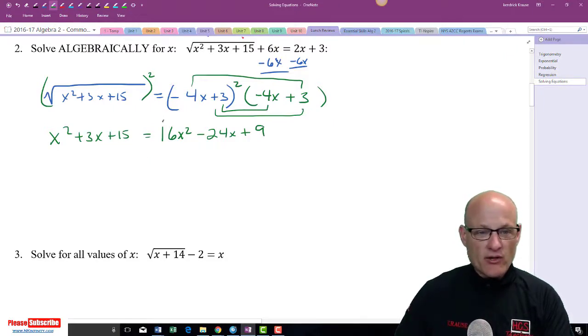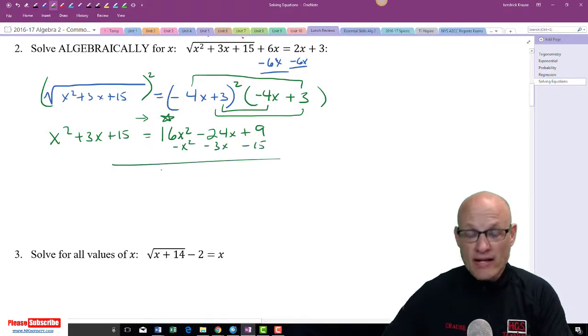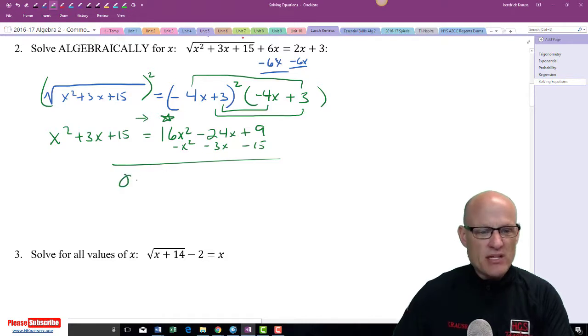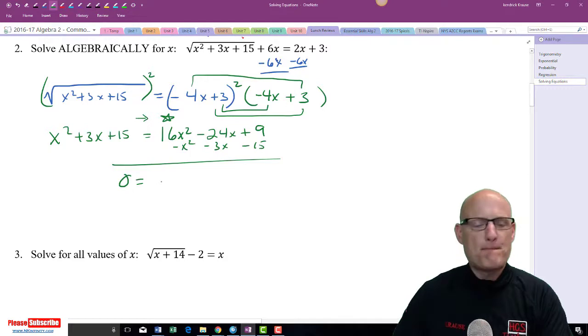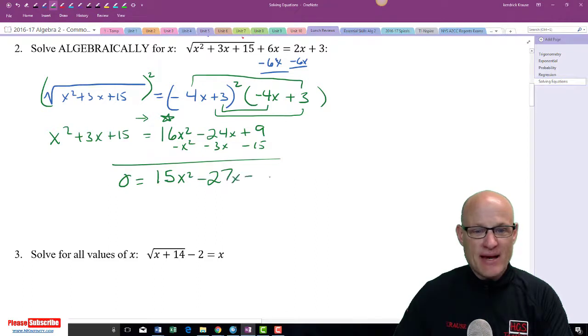Because my x squared is positive, I'm going to move everything over to that side. So I'm going to subtract this x squared. I'm going to subtract this 3x. I'm going to subtract this 15. Now the problem's getting to be a little bit normal. Just be on the lookout for silly things like those negatives. They're not nice. 15x squared minus 27x minus 6.